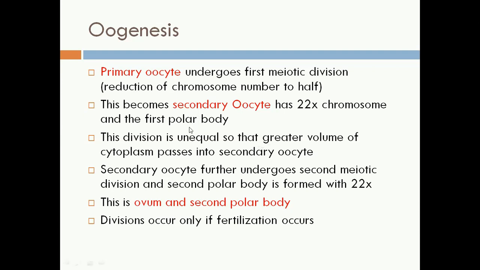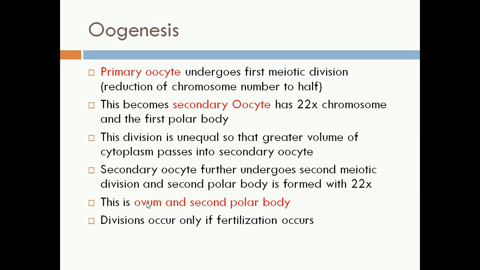This secondary oocyte that has been formed is called the ovum, and along with it the second polar body is also received. Division occurs only if fertilization occurs. The secondary oocyte, called the ovum, undergoes cell division only when fertilization occurs.